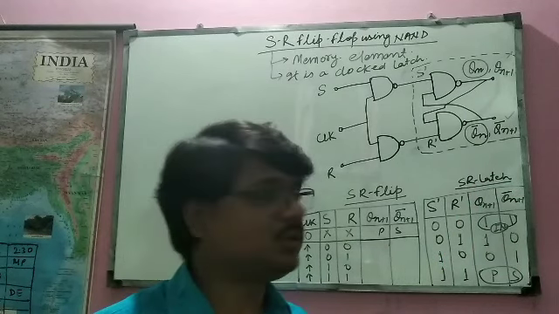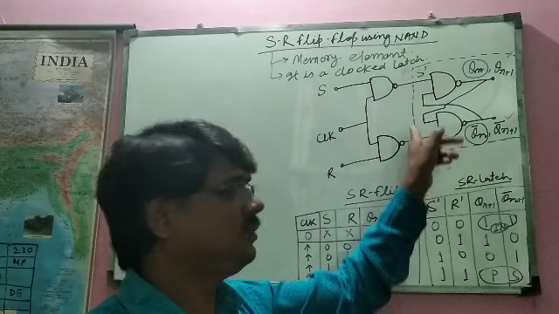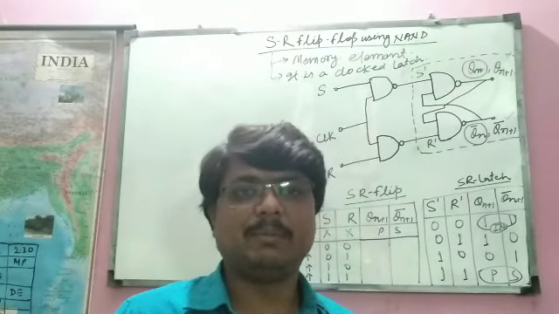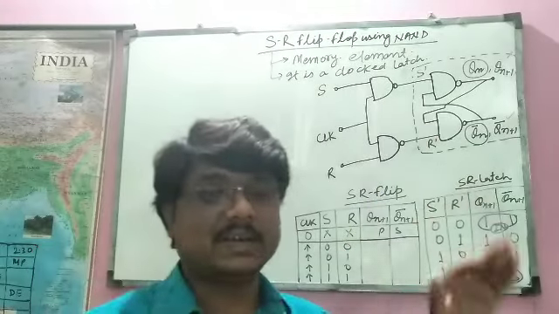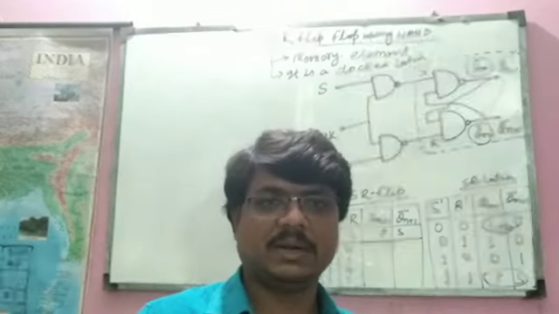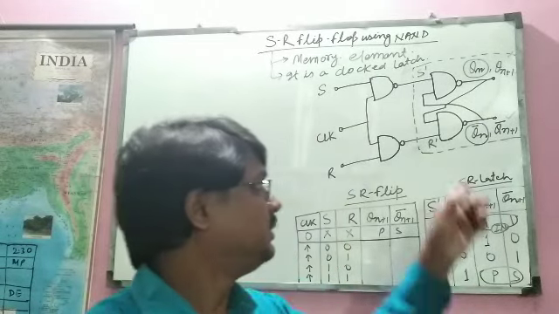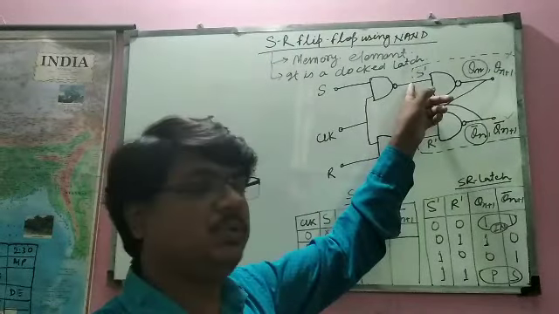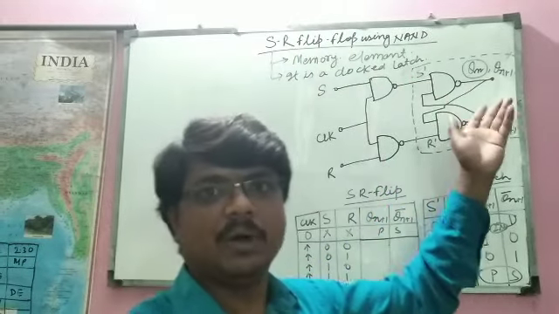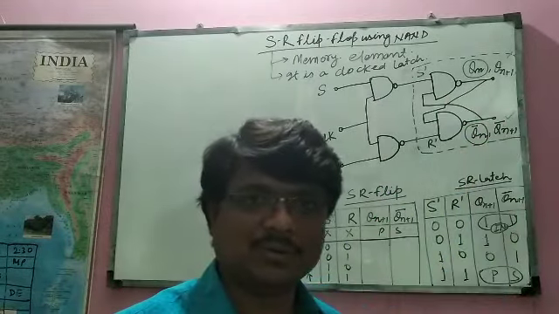It may change, because if these two are floating, in many of the logic families, floating inputs take up 1. In a TTL gate, if you leave an input open, floating, it will automatically take 1. So what is the case?